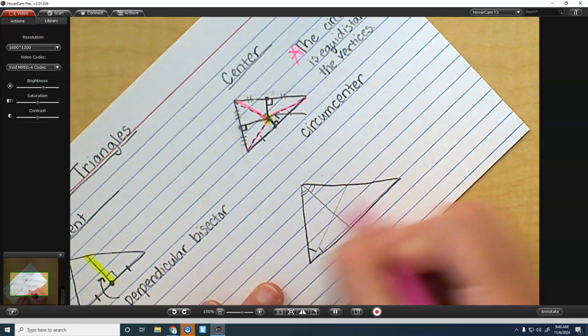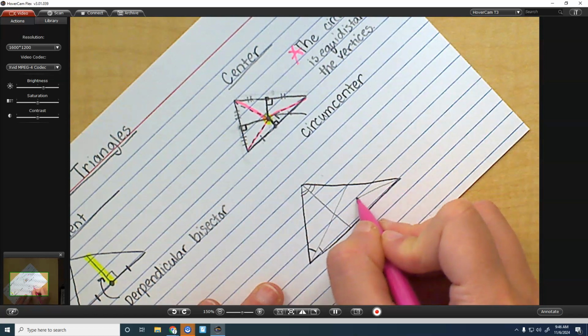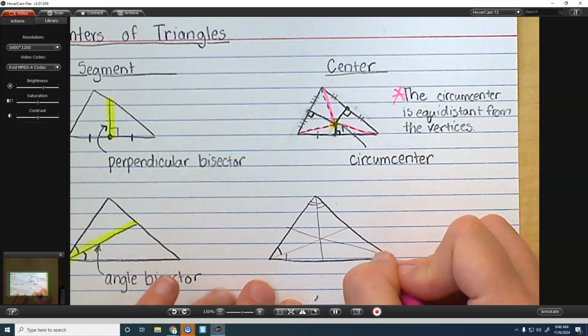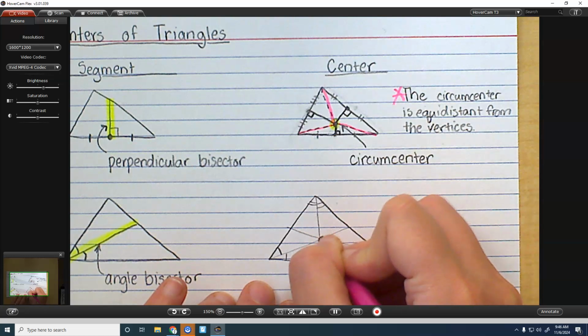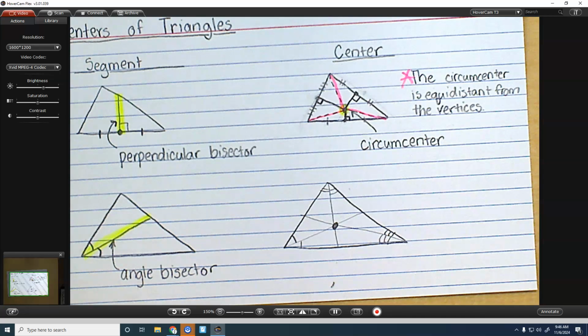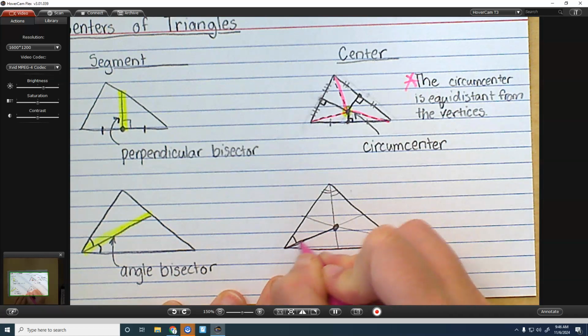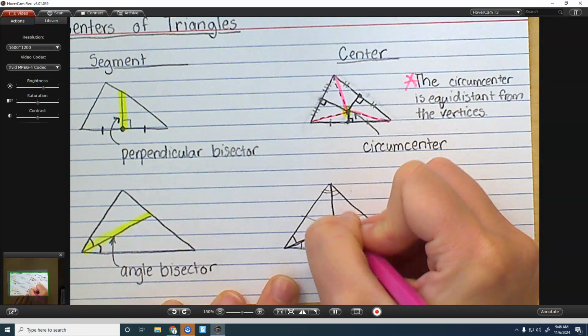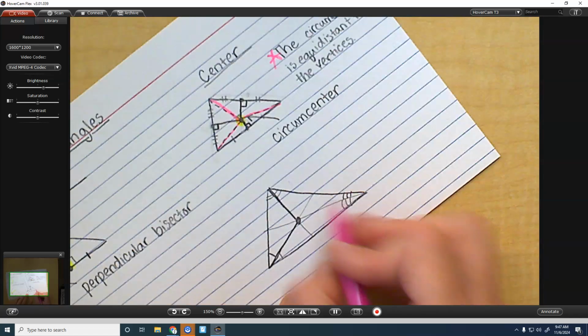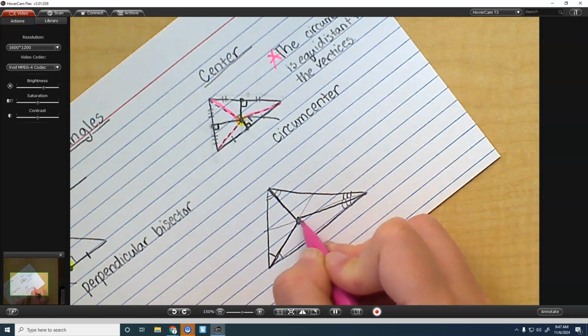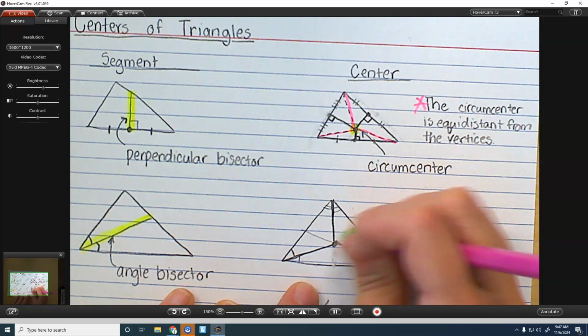So skinny angle over here, and then this angle would be congruent to this angle. And if we do it right, they'll all cross at one point. And I am going to draw in those angle bisector pieces a little bit darker. Not the best. And I'm going to erase my little lines here.